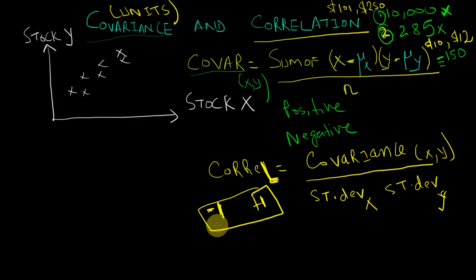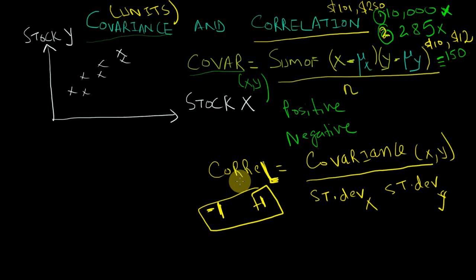Now, if it's closer to -1, what that means is they have a very close negative relationship. So if variable x increases, let's say by about 10%, variable y will decrease by around 10% if the correlation is -1. If it's closer to -1, it has a strong negative correlation.